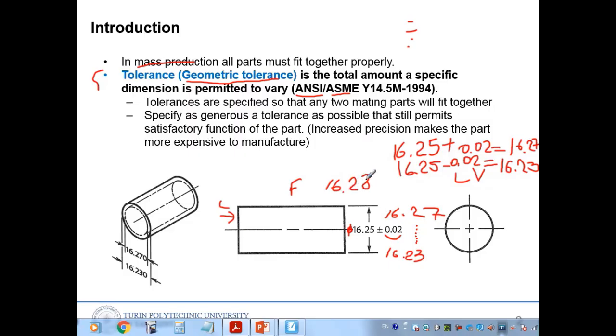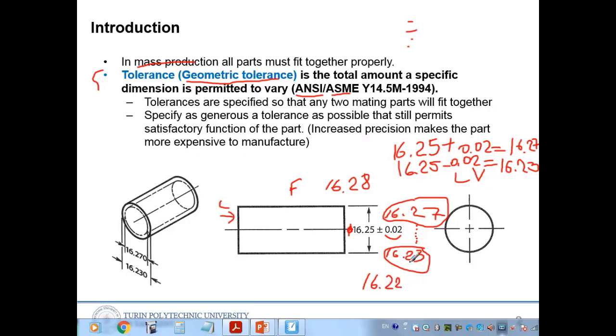If you get the size 16.28, that is not allowed because that is out of this tolerance. The biggest allowed should be 27. More than this is not allowed, or less than this is not allowed. If you get 16.22, it's not allowed.